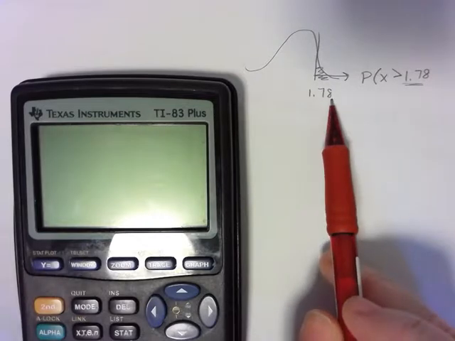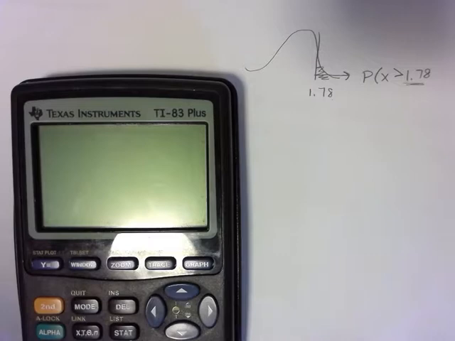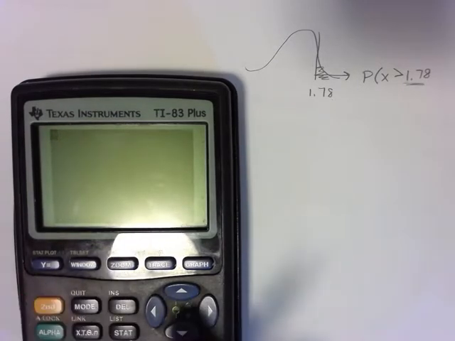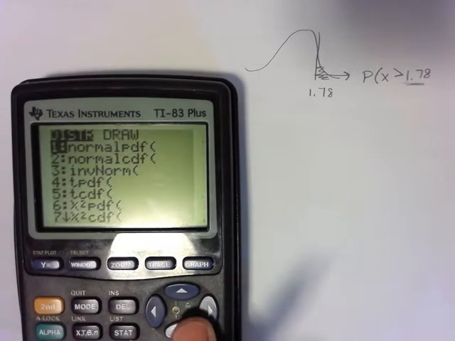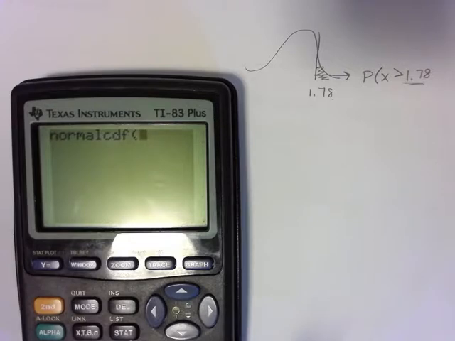In our graphing calculator, we start with the lower bound and then we put in the upper bound. In a z-score, the mean is 0 and the standard deviation is 1, so we don't have to put that in. So we're going to hit our second vars, go down to normal CDF, and my lower bound will be 1.78.